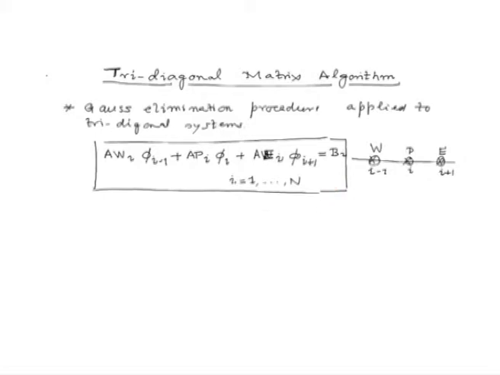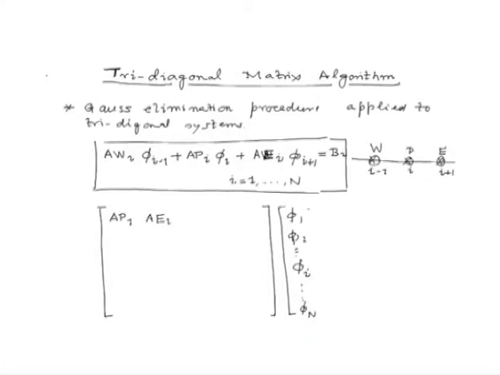If you look at the matrix per se, now let us put it in matrix form. AP1, AE1, we will get only these two entries in the first row. Phi 1, phi 2 and so on, let us reach phi I and phi n.